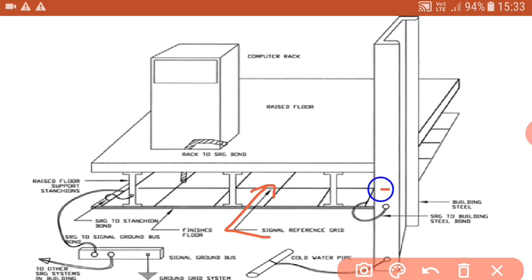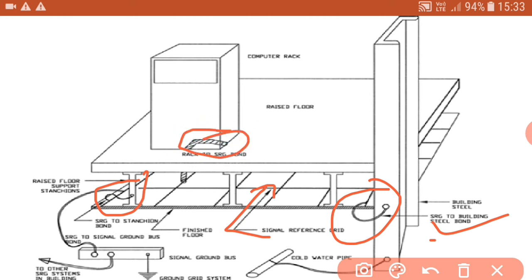And here also we can see bonding with building steel: signal reference ground to building steel bond. Here also we can see bonding with raised floor support junctions: signal reference ground to junction bond. And here we can see this CPU is connected with the signal reference ground and bonding is done.